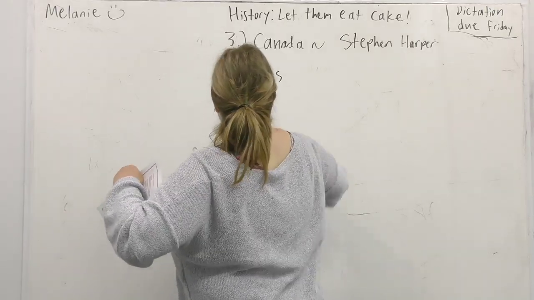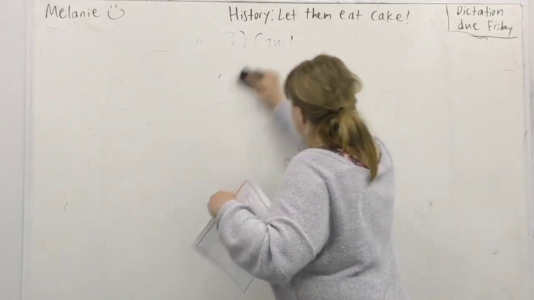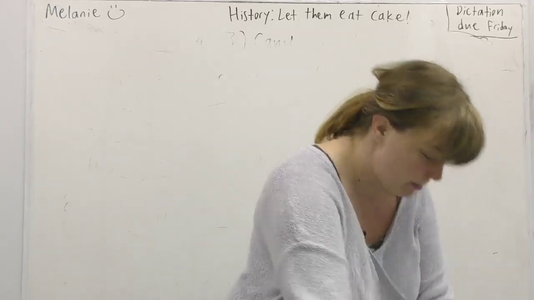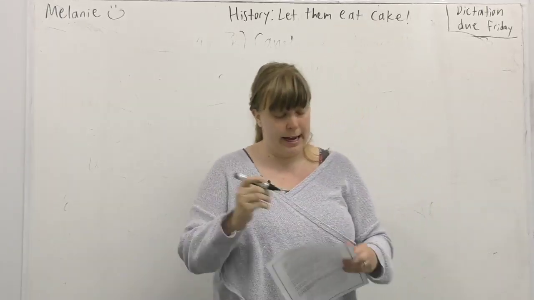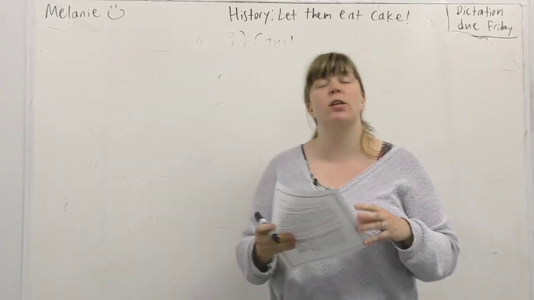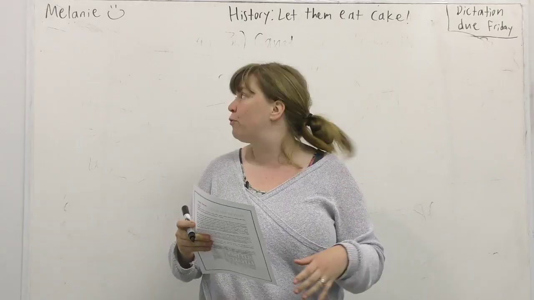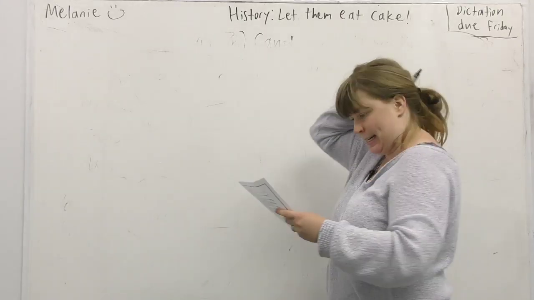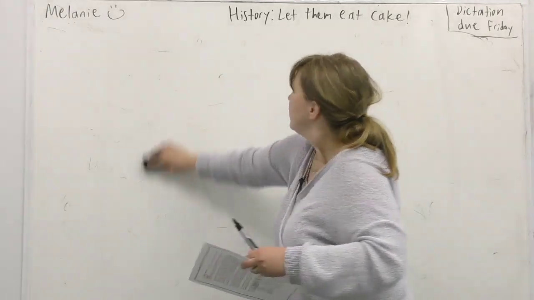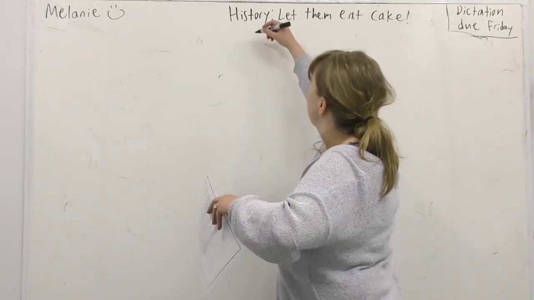Alrighty, almost done. Okay, oops. Now, key vocabulary. These are some words I want you to learn before we start the reading. Oh, I didn't quite erase that, my bad. Okay. Key vocab.